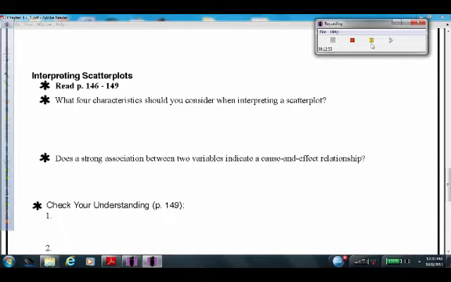The form, that would be whether it is slightly curved or whether it is fairly straight. The strength of the relationship, that's how clear the points follow that form. And then, of course, we're going to look for outliers.